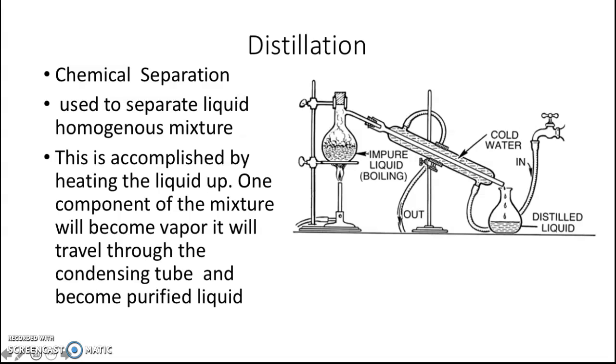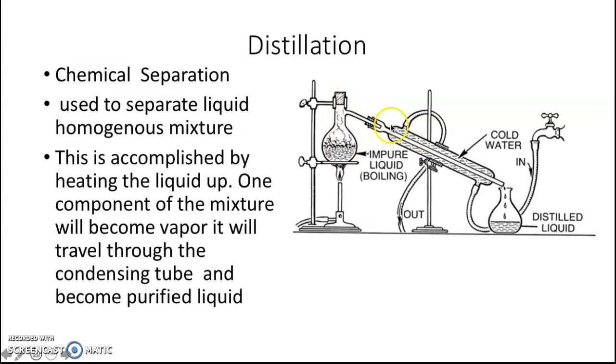While you're boiling it, a vapor is going to appear because the boiling point of one of the two liquids has been reached. Boiling point is the point at which it boils. So when it starts boiling, it's going to turn into a vapor. Remember, that's only going to happen to one of the liquids. Once it turns into a vapor, it's going to go through the condensing tube, which is right here.